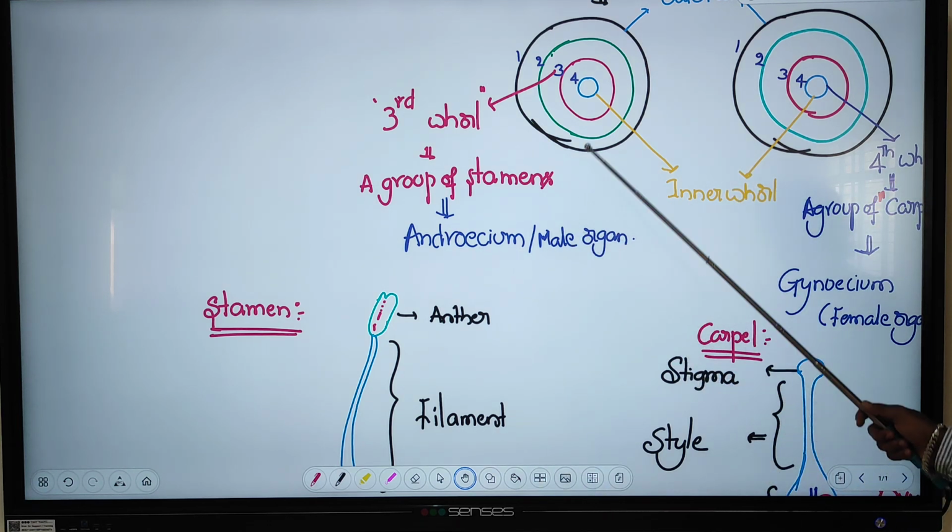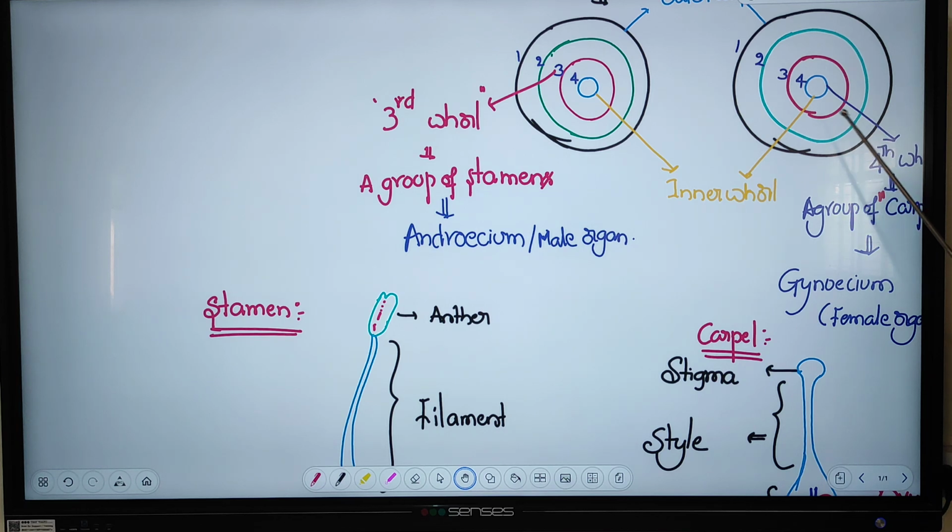So androecium, the male organ: outside to inside, both directions we can go ahead.